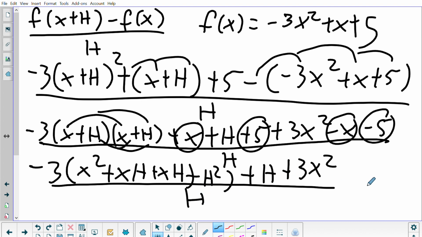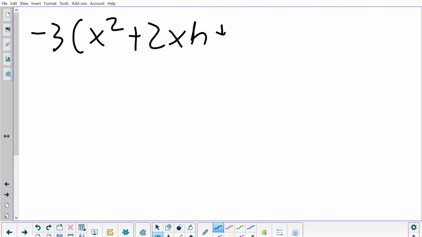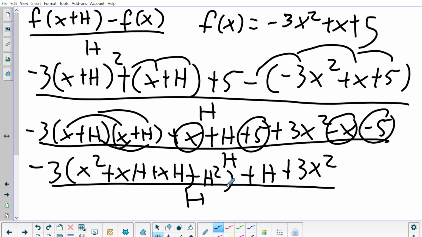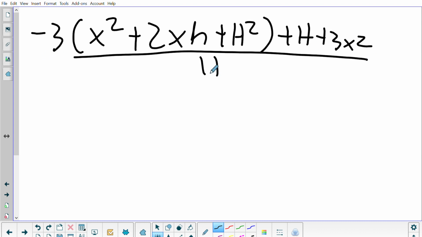So the next thing I'm going to do is combine these like terms, and I get negative 3x squared plus 2xh plus h squared plus h plus 3x squared, and it's still all over h.